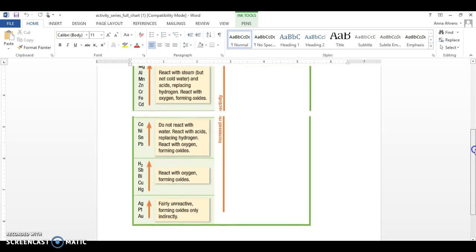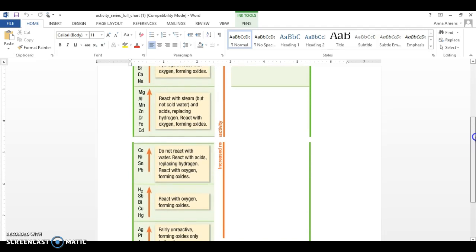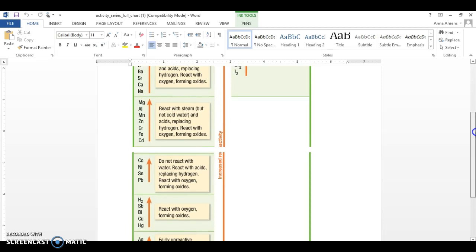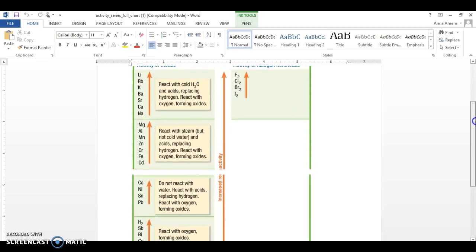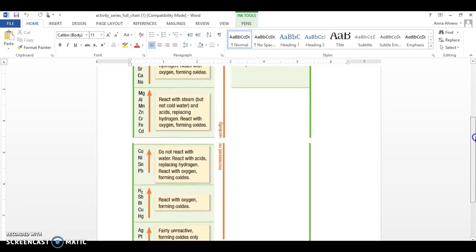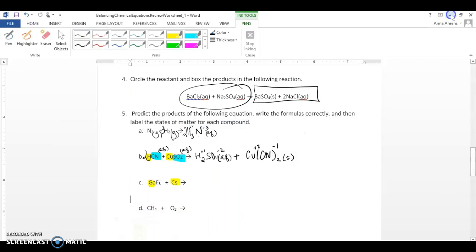And gallium. Neither one of them is on there. So that means the reaction's not going to occur. Okay, so there's no reaction. Can't determine it.